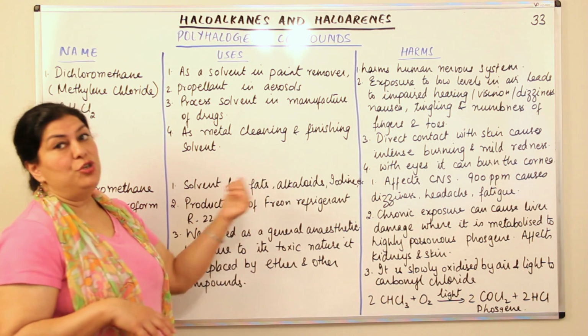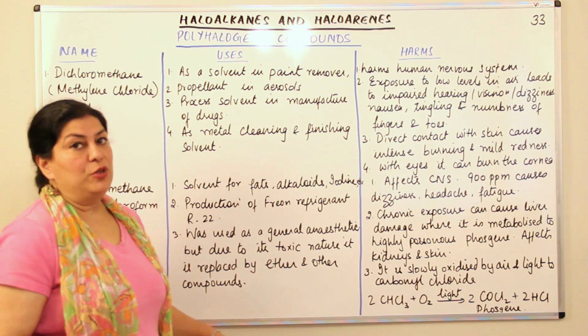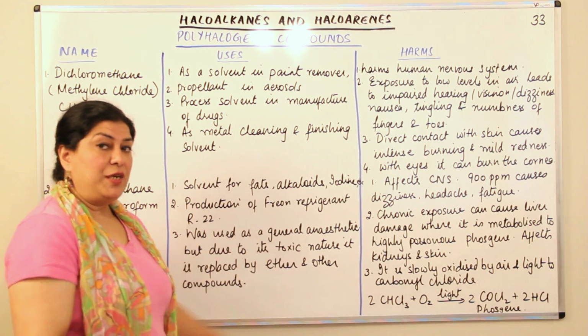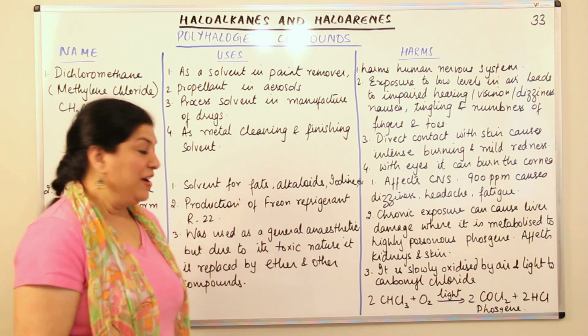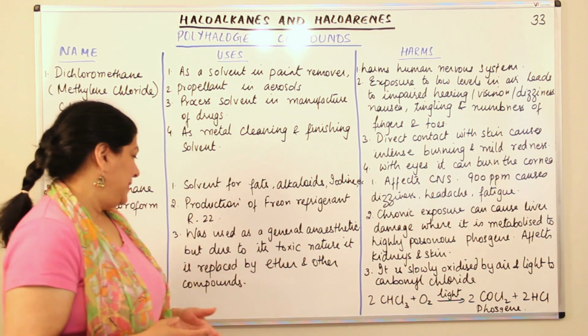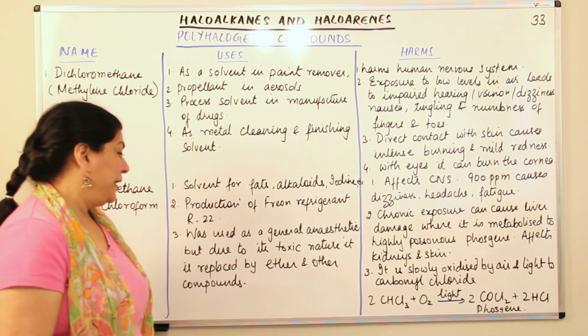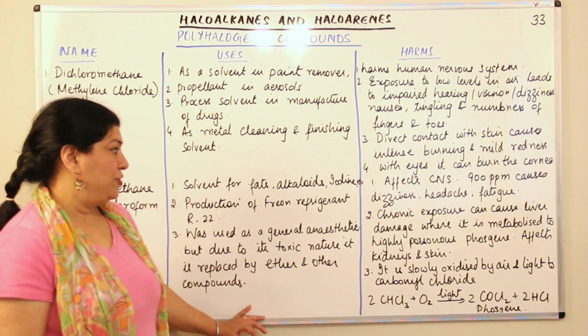This is used in the production of R22, which is a Freon. And Freons are refrigerants. Your refrigerators have Freons. And it was used as a general anesthetic in the past, but due to its toxic nature, it is replaced by ether and other compounds.